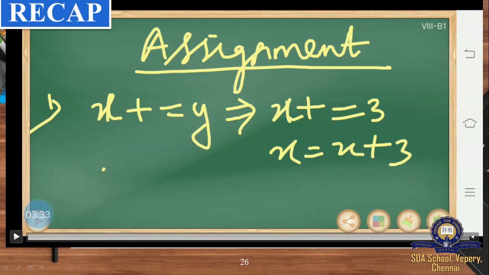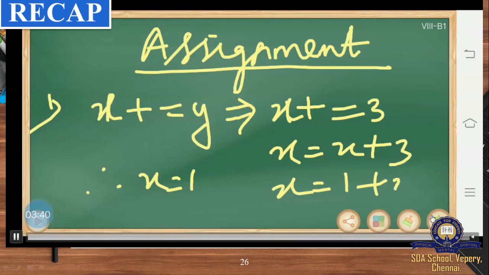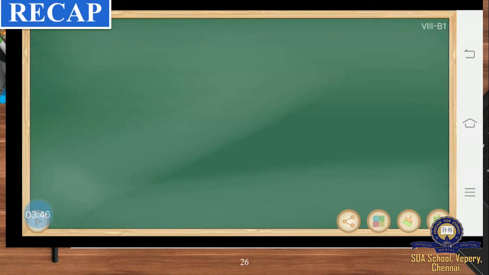In that way, the value will be taken and written. So this is how the assignment value will be taken. If you give the value x equal to 1, then what happens? 1 will be substituted, 1 plus 3 gives you 4. So this is all about the operators.